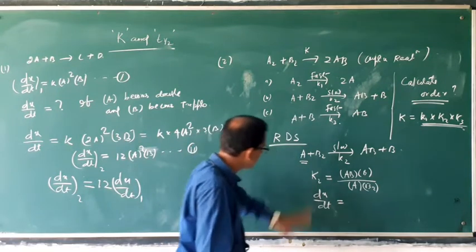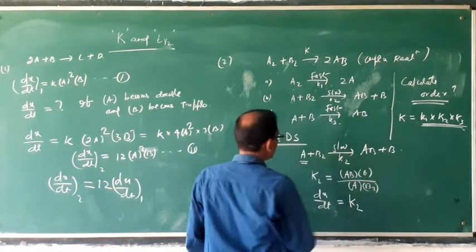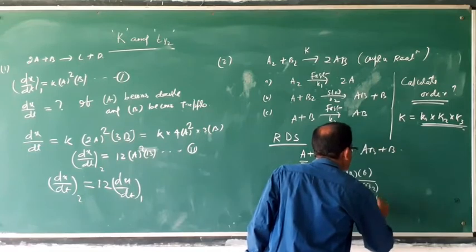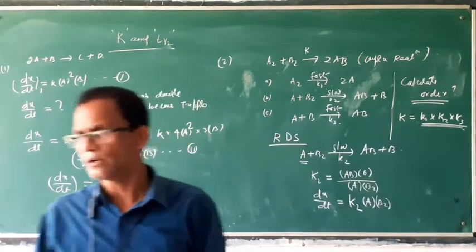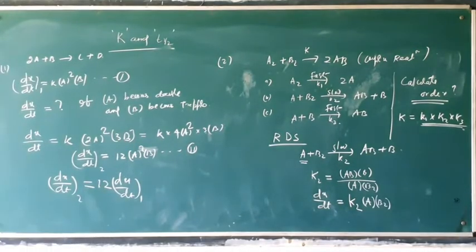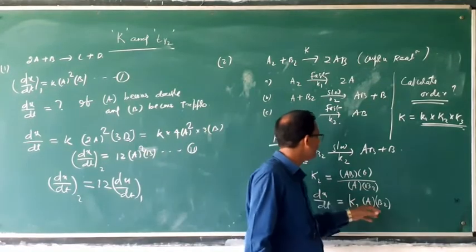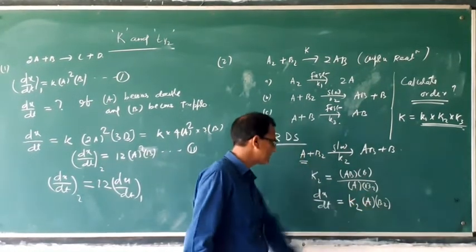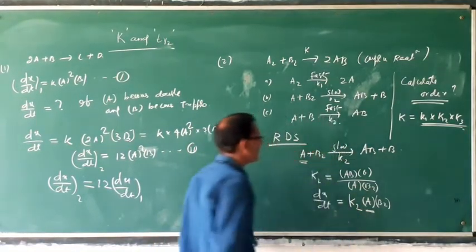For this reaction, dx by dt is equal to K2 into concentration of A into concentration of B2 as per the reactants. In terms of the law of mass action, the rate of reaction is equal to rate constant into A into B2, because A and B2 are the reactants.